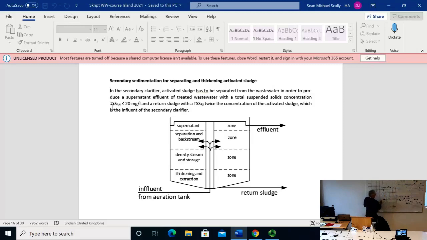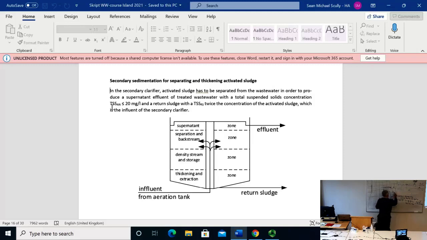And then you wait for 30 minutes. And you will find out this is sludge and this is supernatant.